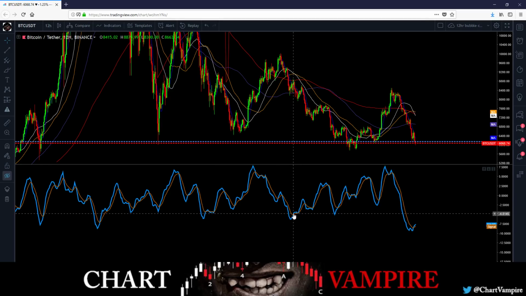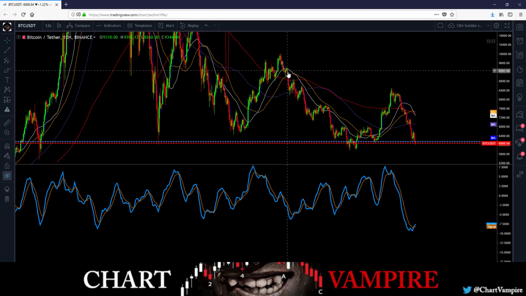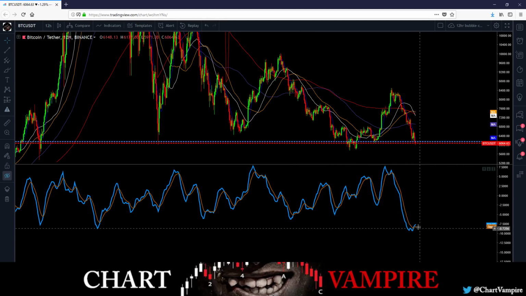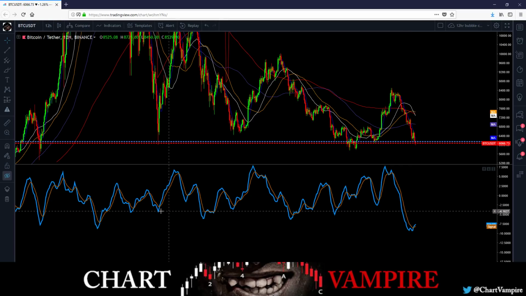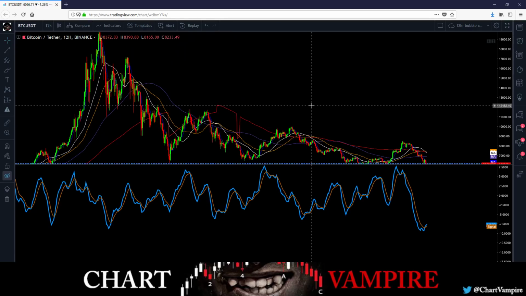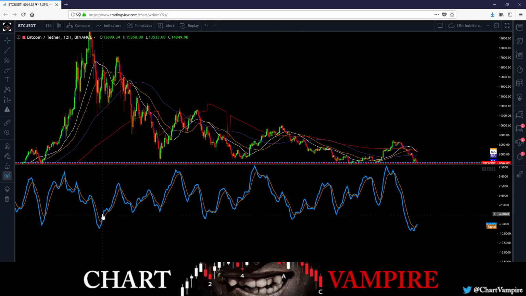Same thing here. Look at this little sideways action right here. This little sideways action was a dump from 8,900 to 7,900, 1,000 points. So if we just get a little sideways action here on this, look at this little sideways one right here.